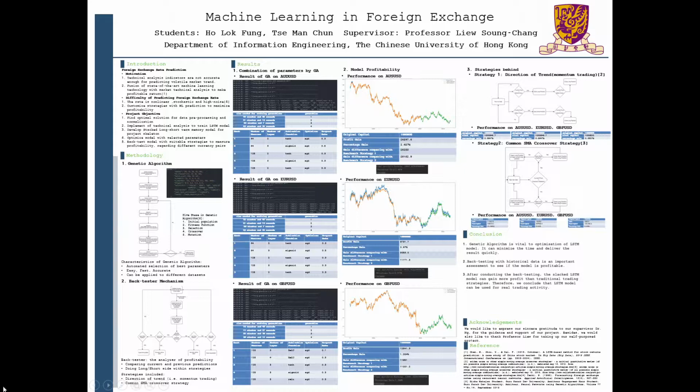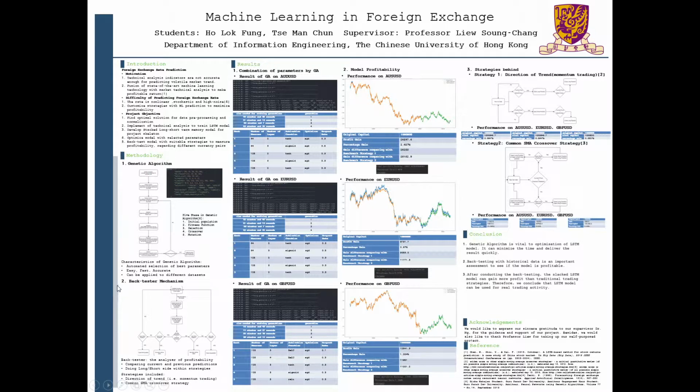In this investigation, we implemented four generations of the genetic algorithm, and then we found three types of optimized training parameters for different currency pairs, for instance, the Australian dollar, the Euro, and the British pound.